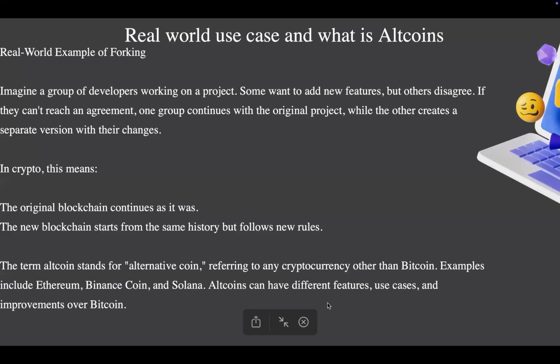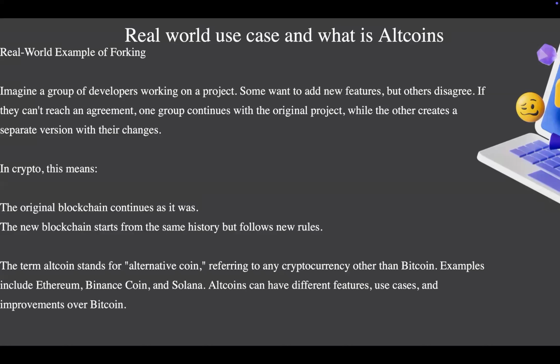So moving on, I think we're coming to the end. Just to give a real world use case to help you understand what forking is, so that after this class we are clear on this. Imagine a group of developers working together on a project.